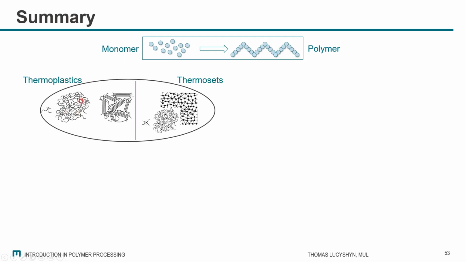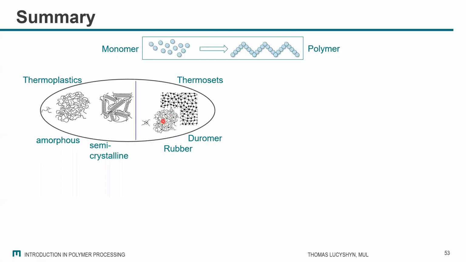In thermoplastics, once again, we have no chemical bonds between the single molecular chains, and in thermosets, we have those chemical bonds which are irreversible. In the thermoplastics, we can distinguish between amorphous materials, which are very unstructured, and the semi-crystalline, where parts of the material are structured in a crystalline way. And for thermosets, if we have a tight network, we are getting duromers, very rigid materials. And if we have very few contact points, we are getting rubber.